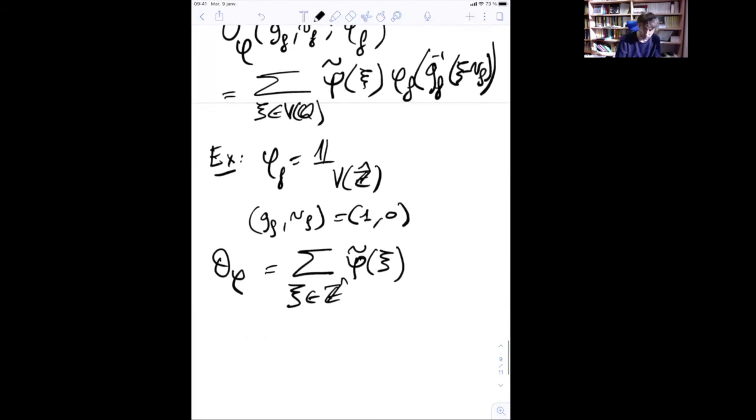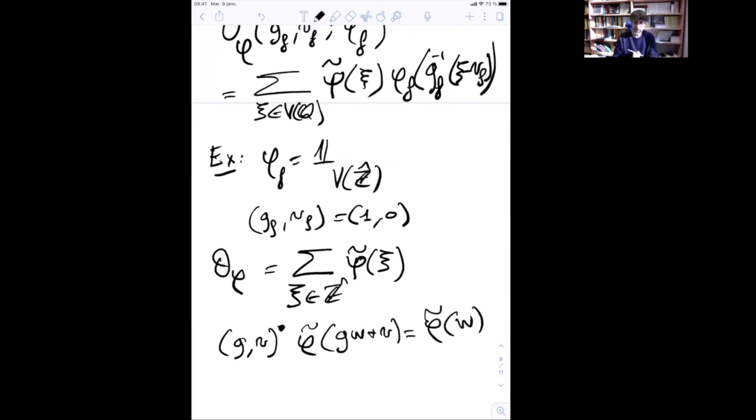Remember that we had g_V^* of phi tilde of (g w + v) is equal to phi tilde of w. So here, maybe I should better say psi here.